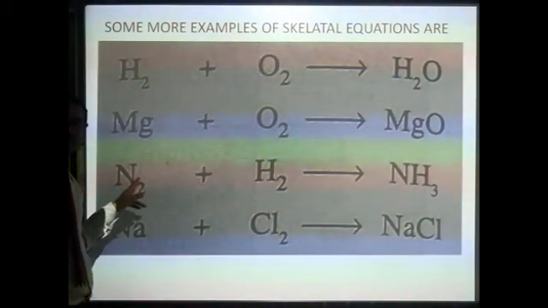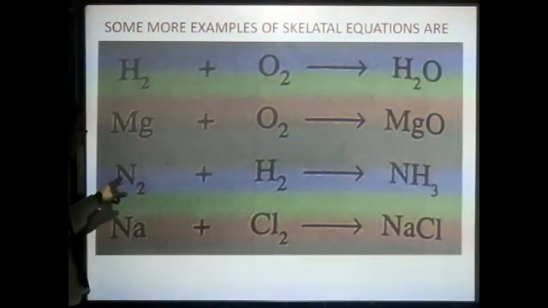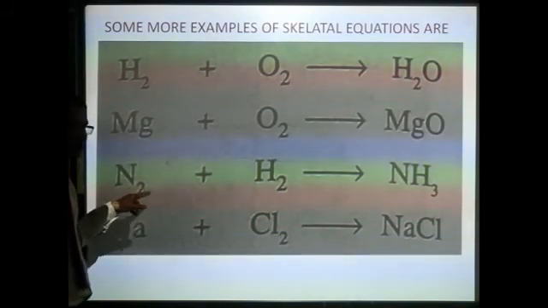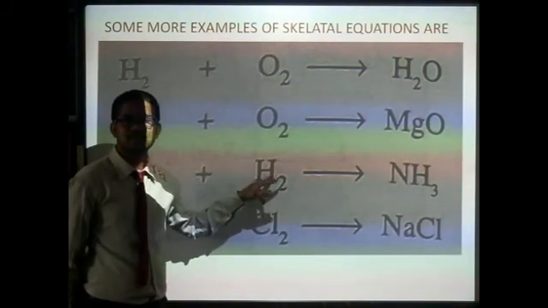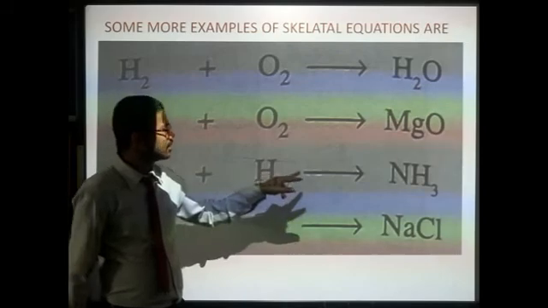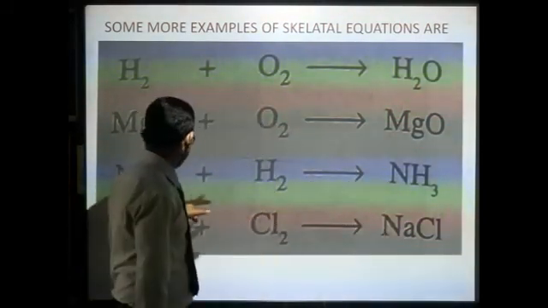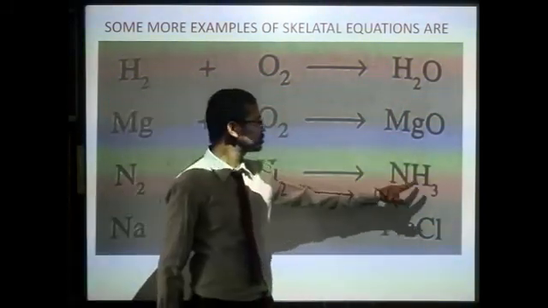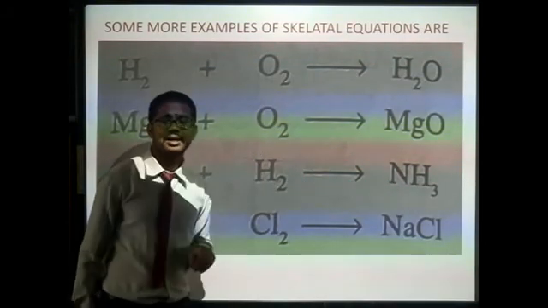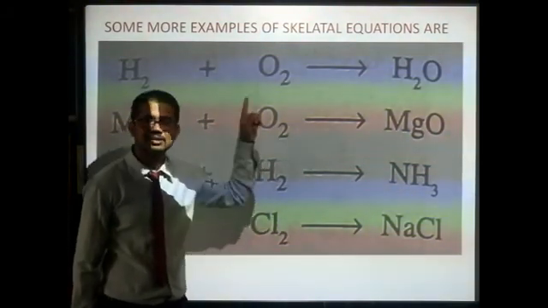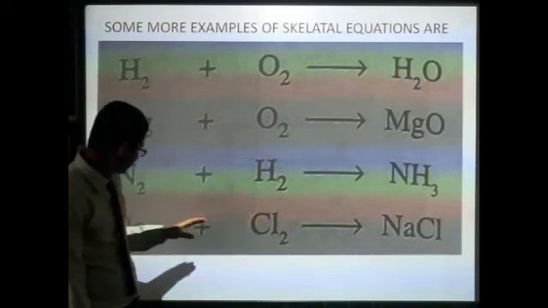Why nitrogen 2? Because it is a diatomic element, so it exists in nature as N2. Plus H2, this is also diatomic. N1 here, N2 not balanced. Hydrogen 3, hydrogen 2 not balanced. That's why it is unbalanced, and hence it is a skeletal equation.